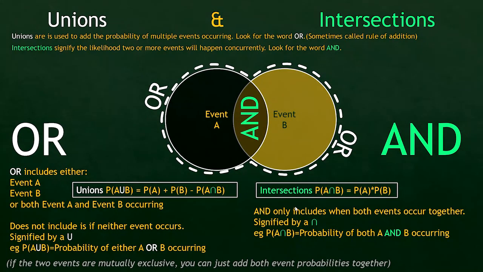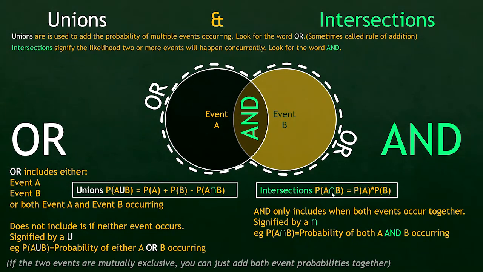So the way that I like to look at it is it includes A, and it includes B, and you've got this U, it includes any combination of A and B together. So you can dump in any combination of A and B right in there, and that's what it includes.